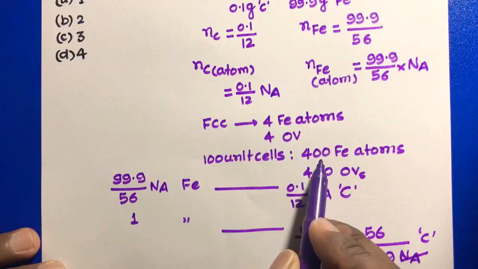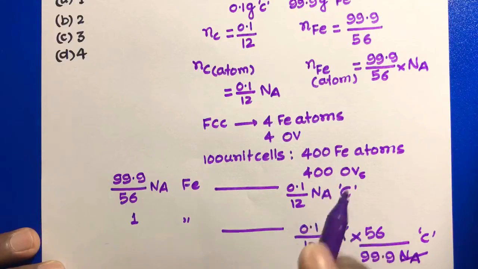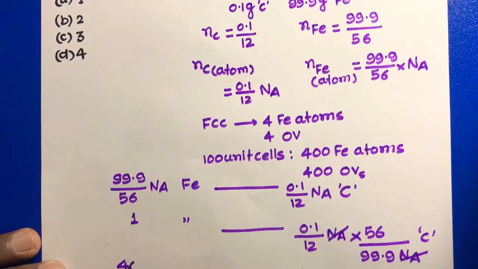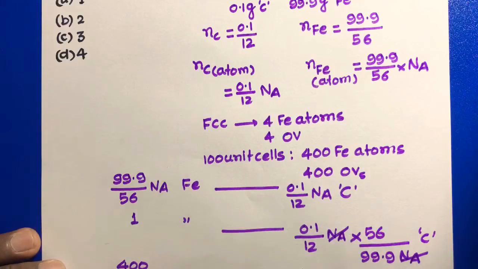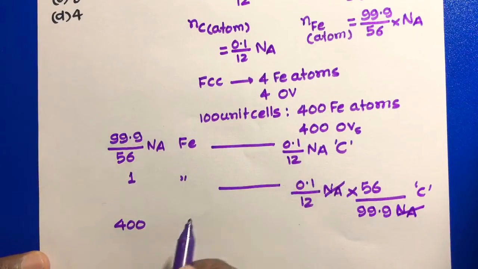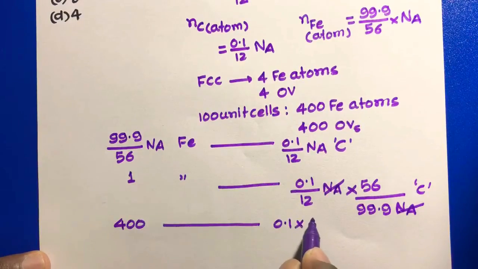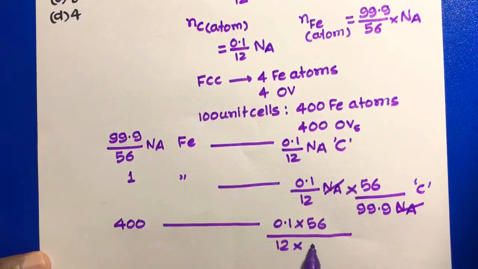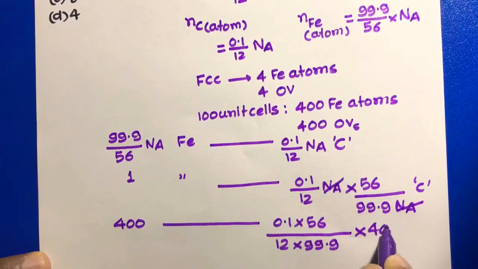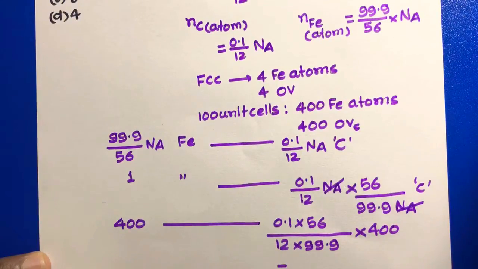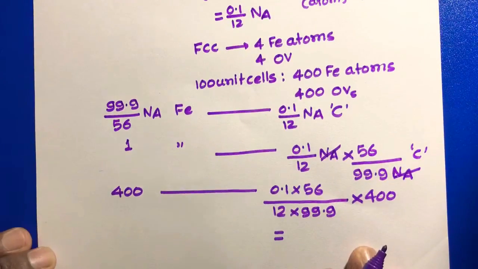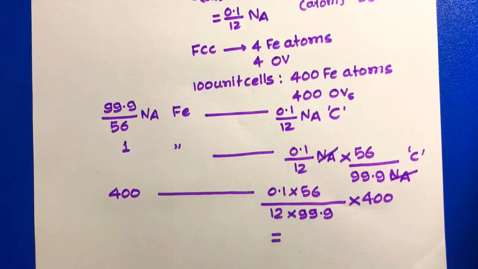So in 100 unit cells we know that there are 400 Fe atoms. So if the number of Fe atoms is 400, then the number of carbon atoms will be simply 0.1 into 56 by 12 into 99.9 multiplied with 400.